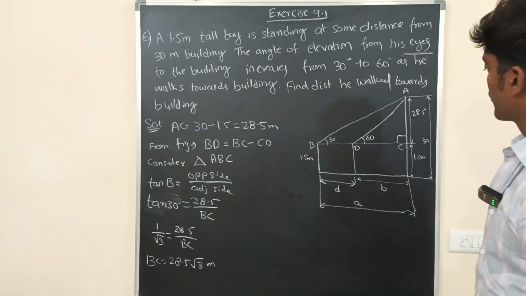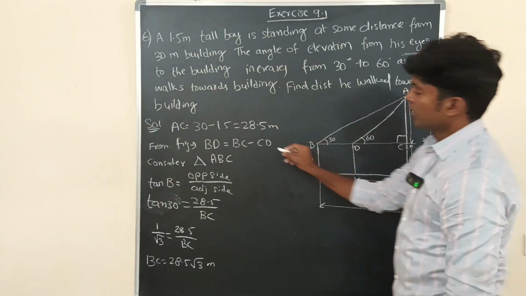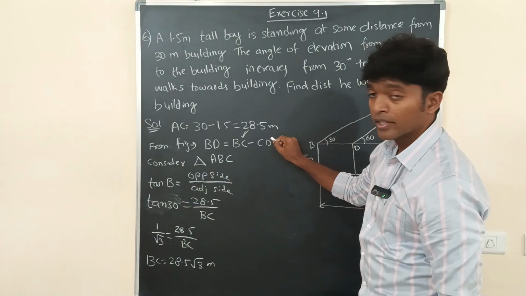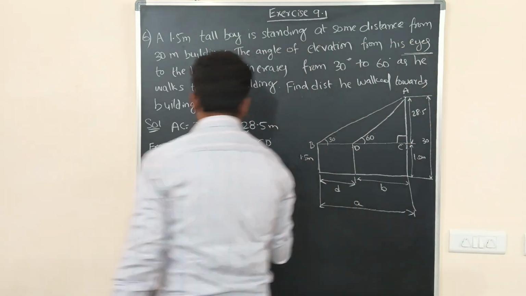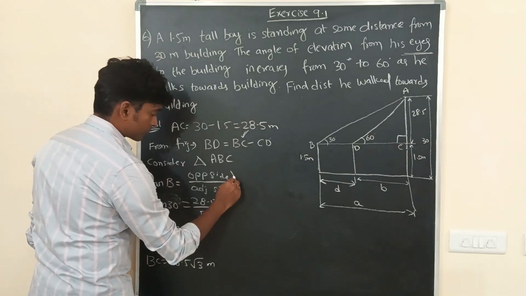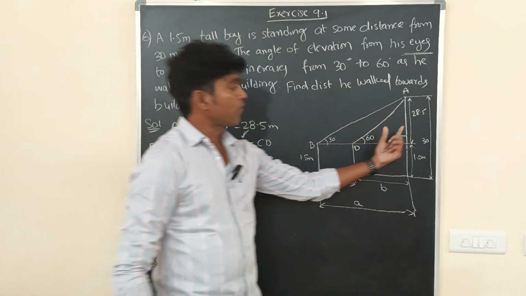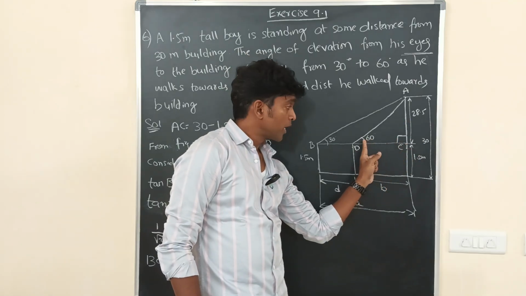Okay. Now we have to find the value of CD, because from this we have CD also. So we got BC, then CD. Simple thing, same. We have adjacent side, opposite side. We require the adjacent side because the angle is here.